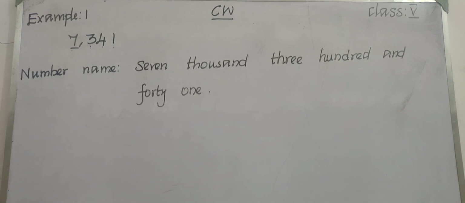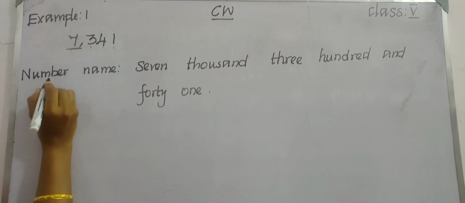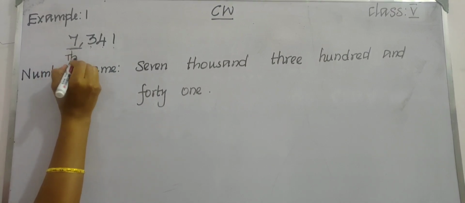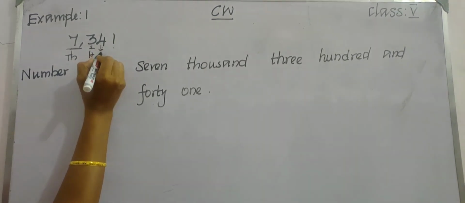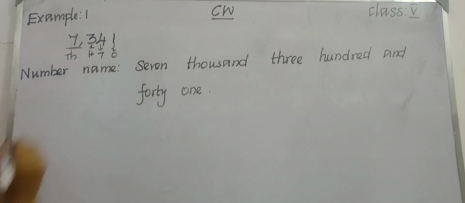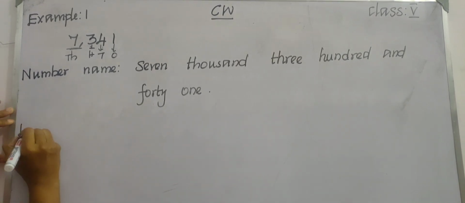So how will you expand this? We know it is 7,000, right? It is in the place of thousands. Then hundreds, then tens and then ones. So let us expand this. Expanded form.